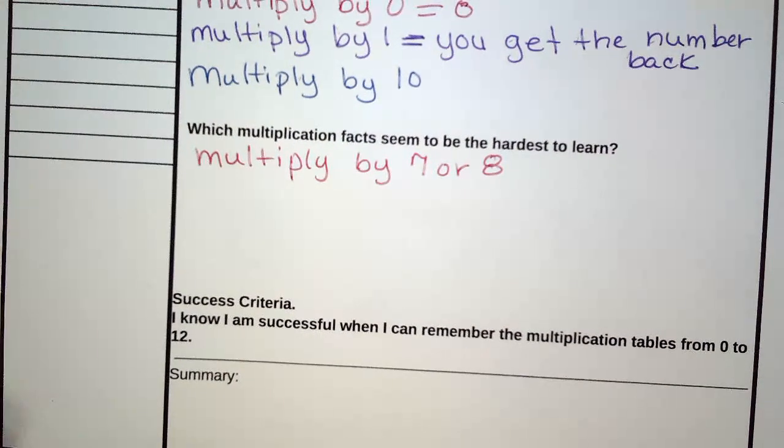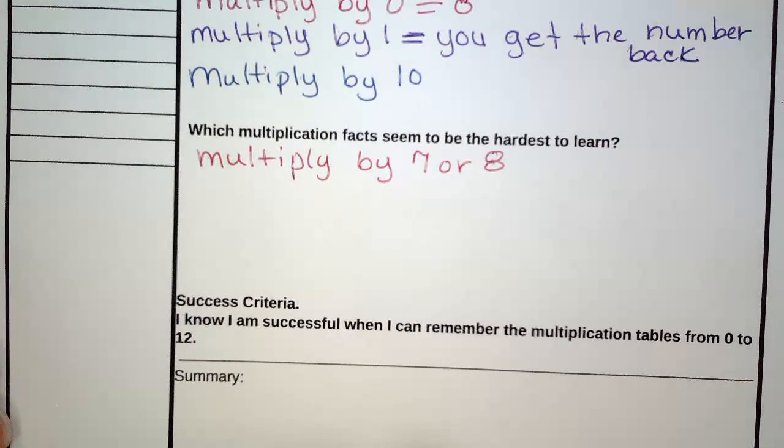So, how do you know when you're successful? You know you're successful when you can remember the multiplication tables from 0 to 12.